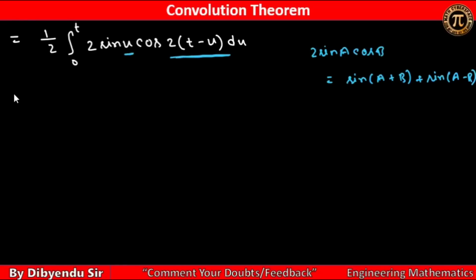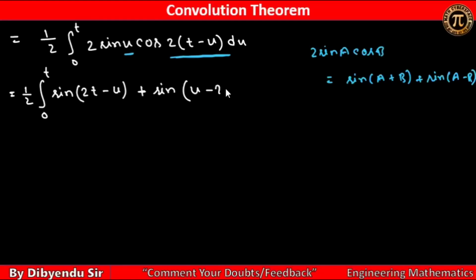Okay, so let's calculate half into integration 0 to t of sin(A plus B), that means sin(u plus 2t minus u), that means you are getting sin of 2t, plus sin(A minus B), that means sin(u minus 2t plus 2u) du.